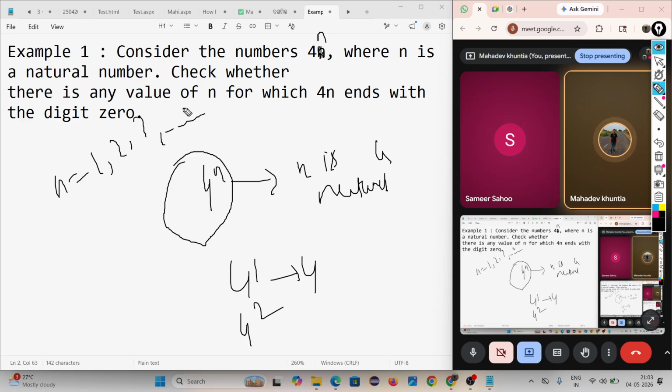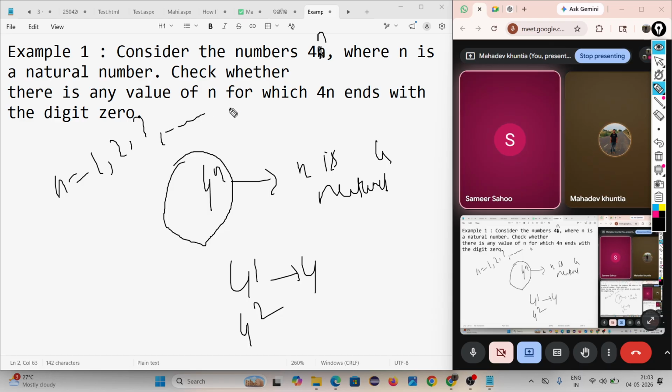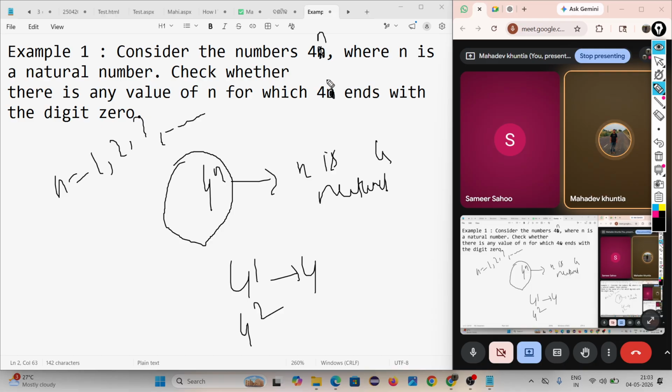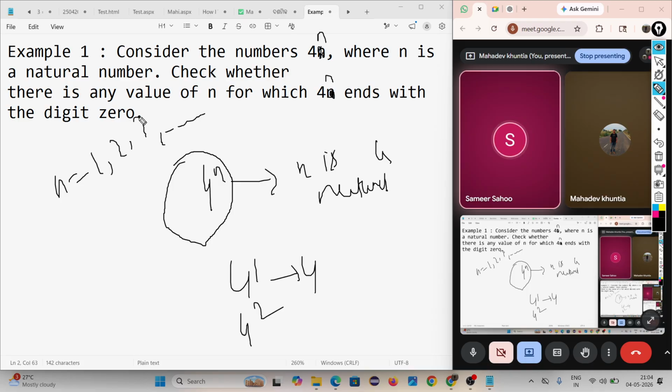Check whether there is any value of n for which 4 raised to the power n ends with the digit 0. The question is asking, is there any value of n such that 4 raised to the power n ends with the digit 0? Is it possible?